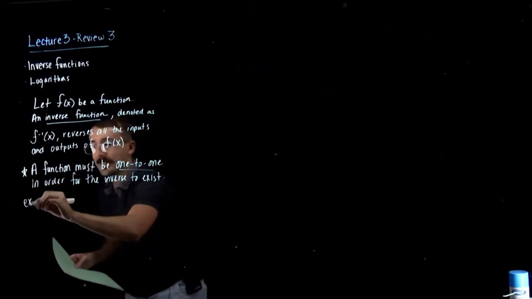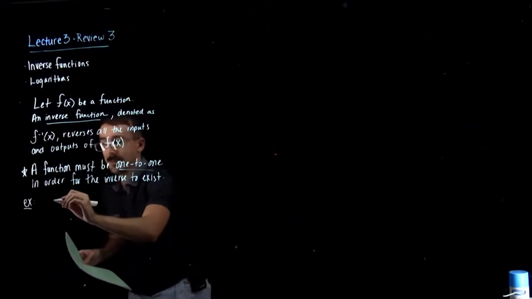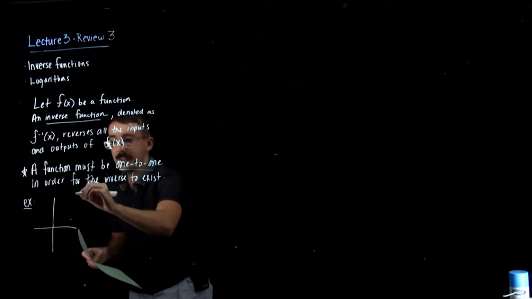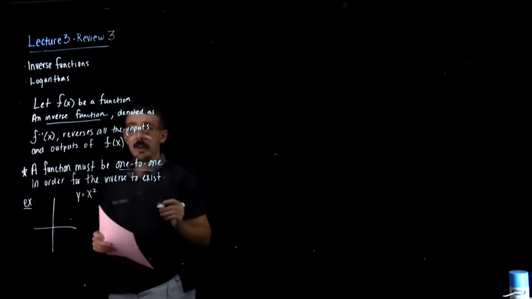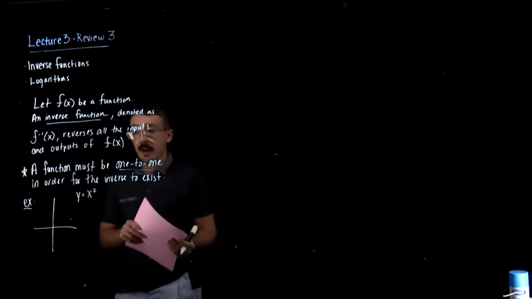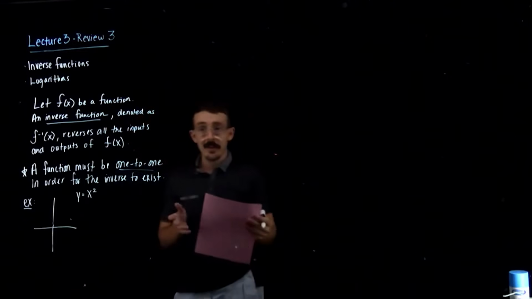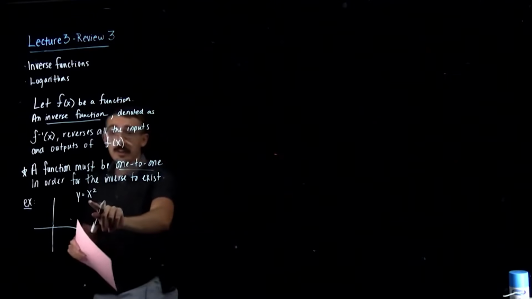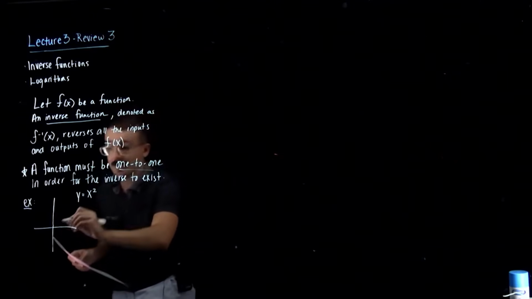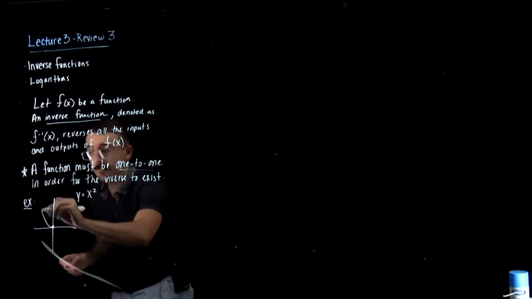So let's look at this example. This is going to be y equals x squared. If you recall, the graph of x squared is just a parabola, and the vertex is at 0, 0. So it looks something like this.